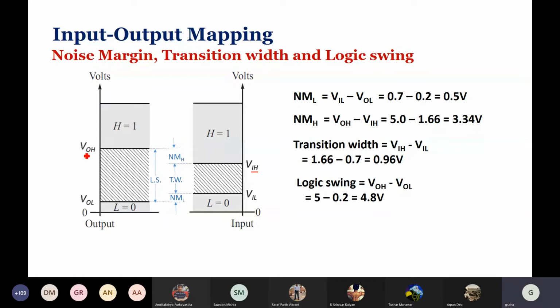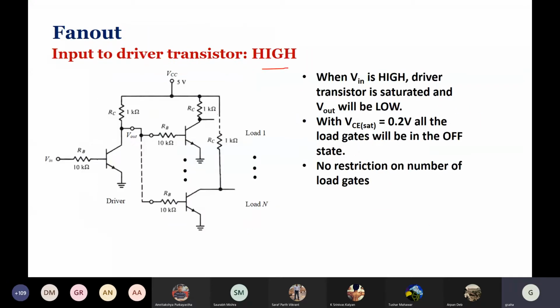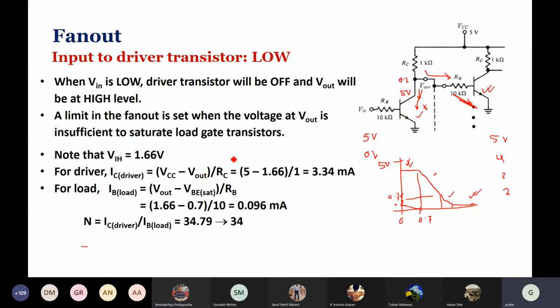And this output VOH is feeding as input over here because of the integrated circuit, where we want to connect one after another. So it must not come below that. So that sets a limit to the number of similar such devices that we can connect. And this number is called fan out. This number is called fan out.